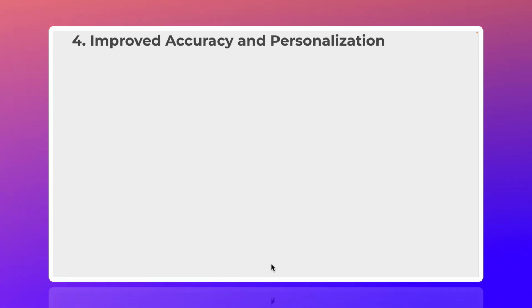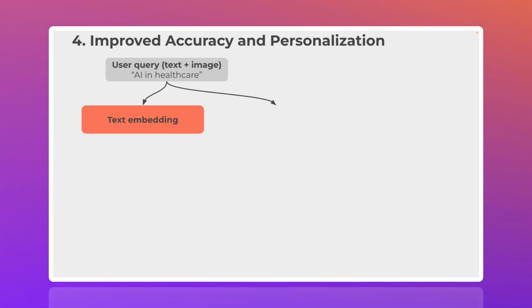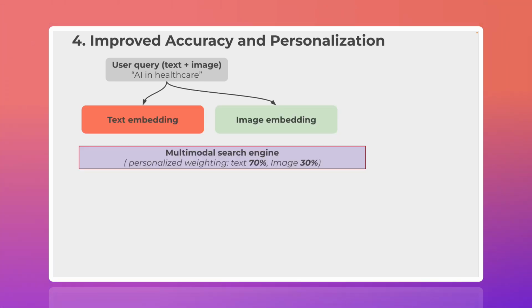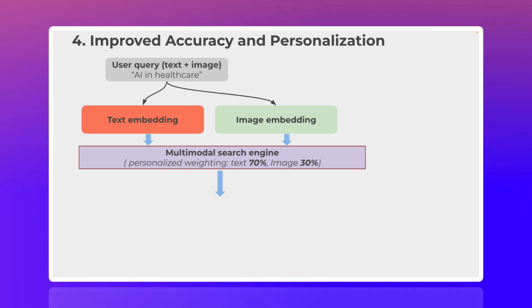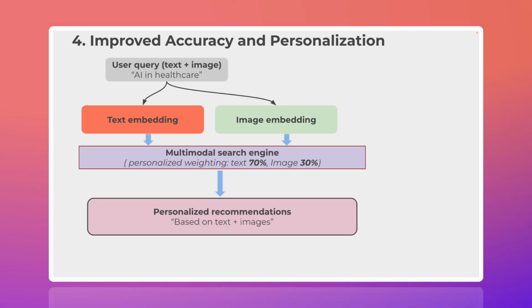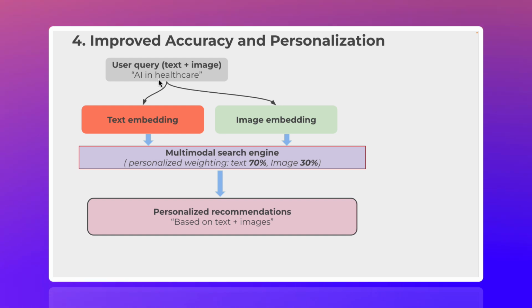Now we talked about improved accuracy and personalization. This is a good one because the system can personalize results by weighing the importance of text and image data based on users' preference or past behavior, which leads to more accurate recommendations. You see here, the query goes in, AI in healthcare, plus an image is passed. The same process happens. Text embedding and image embedding go through this multimodal search engine.